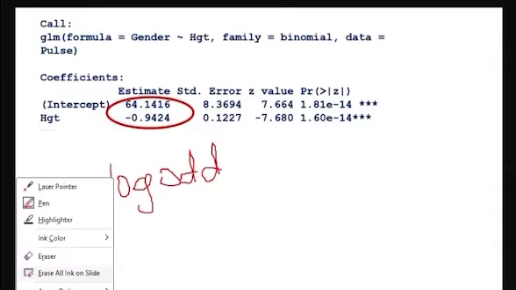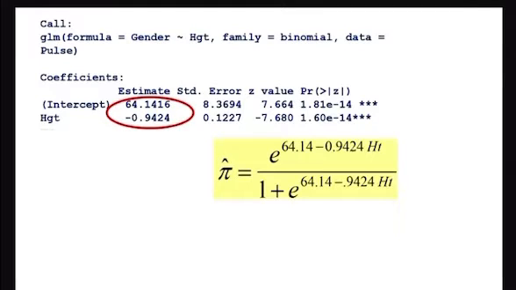Now if I want to write the fitted model, oh my God, what am I writing now? This is the probability form, right? I've already plugged in the estimates. Can you see that now? And I'm going to define what my pi means.